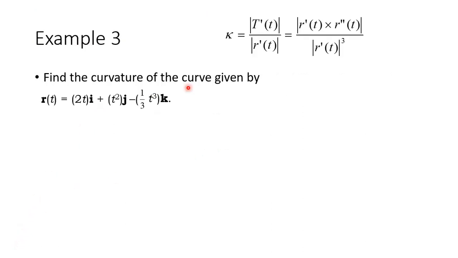For example 3, we have put out the formula for curvature in two versions in terms of t. Find the curvature of the curve given by r(t) equal to 2t i plus t squared j minus 1/3 t cubed k.